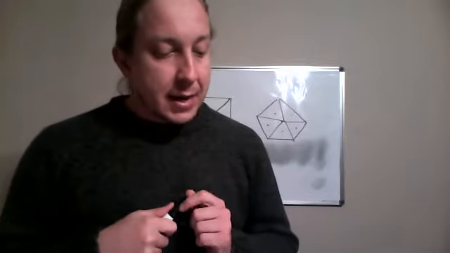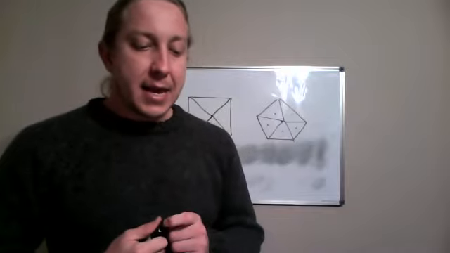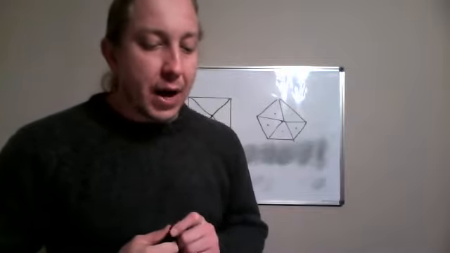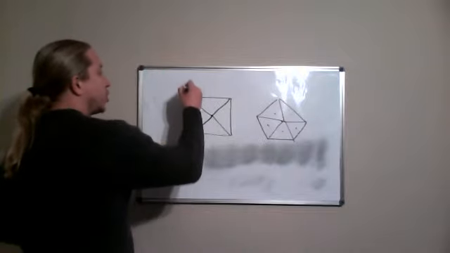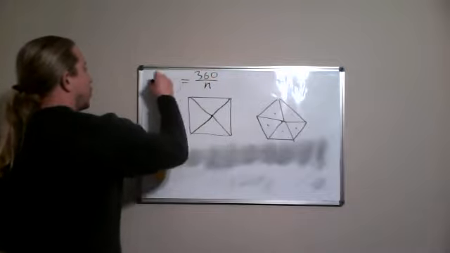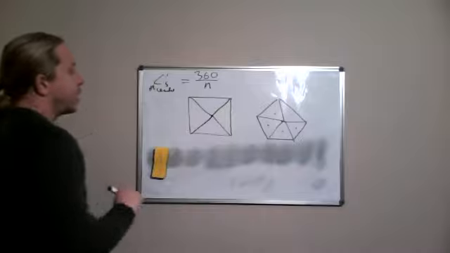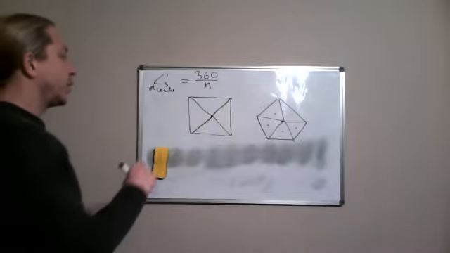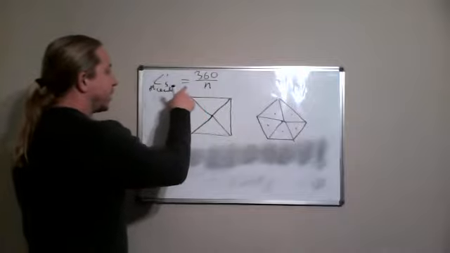Okay, guys, there's a nice little formula. If the polygon has n sides, then each angle at the center will be 360 over n. So 360 over n equals our angle at center. Let's try it with this one. What is my angle at center over here? Well, what is my number of sides?